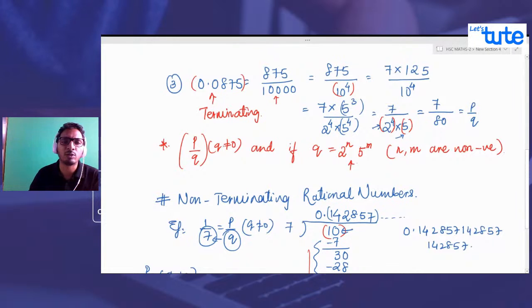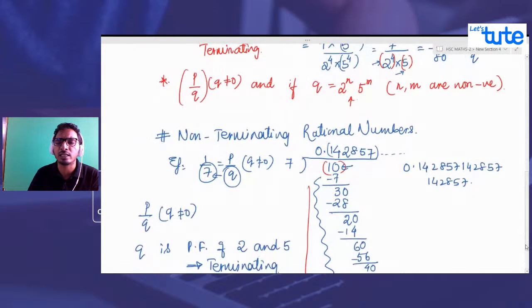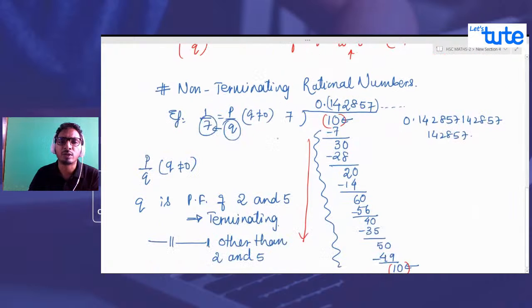So we came to this result that whenever you have a rational number, if the denominator has prime factors of 2 and 5, of any power, with n and m non-negative, then that rational number is terminating. What about non-terminating? Exactly what we have seen from the question. We took the example of 1 upon 7 and saw that it is repeating, therefore it is non-terminating.